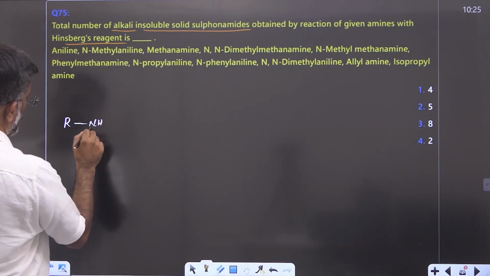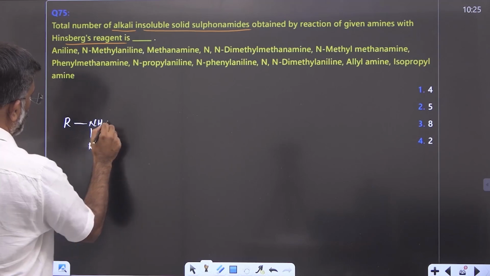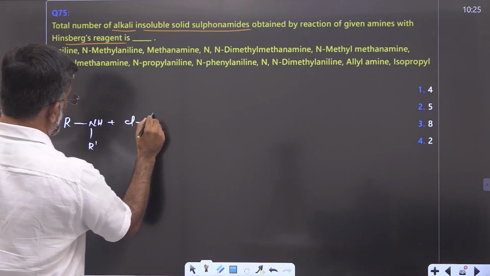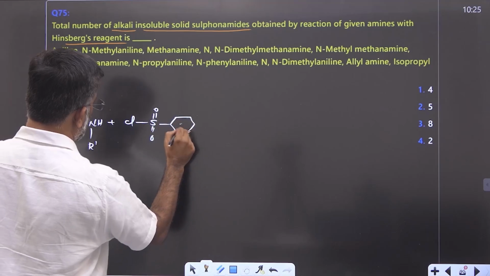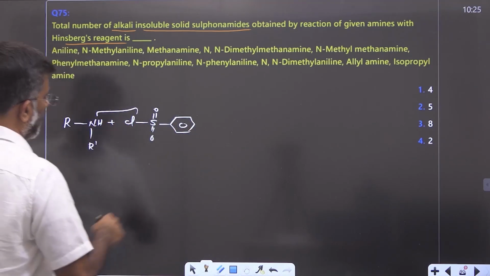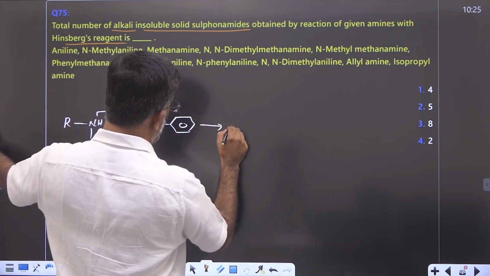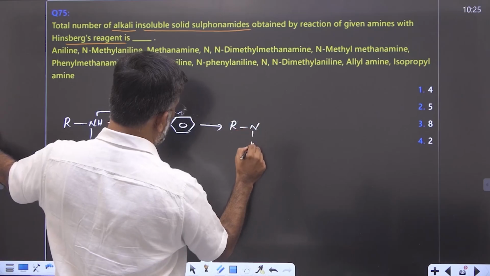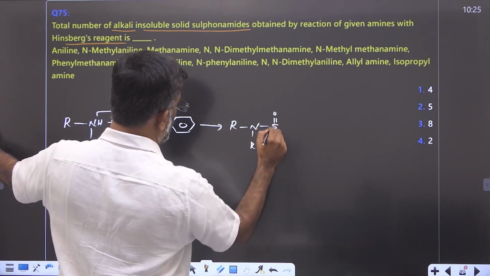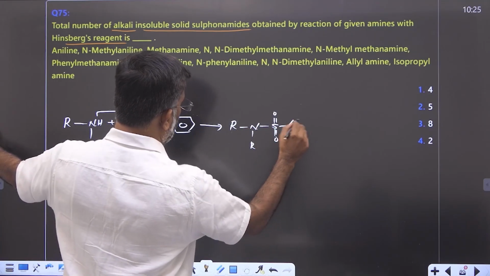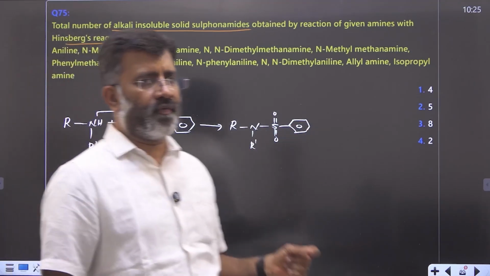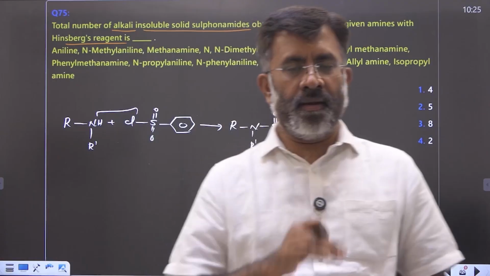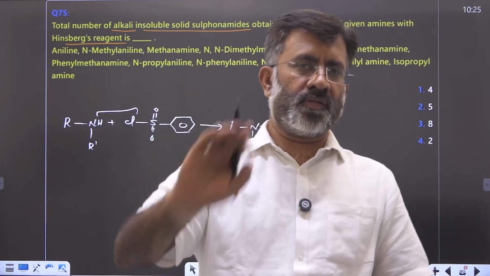If you take a secondary amine when treated with the Hinsberg reagent, there will be HCl out and you are getting a solid product. This is the solid product obtained and that is called N,N-dialkyl benzene sulfonamide.